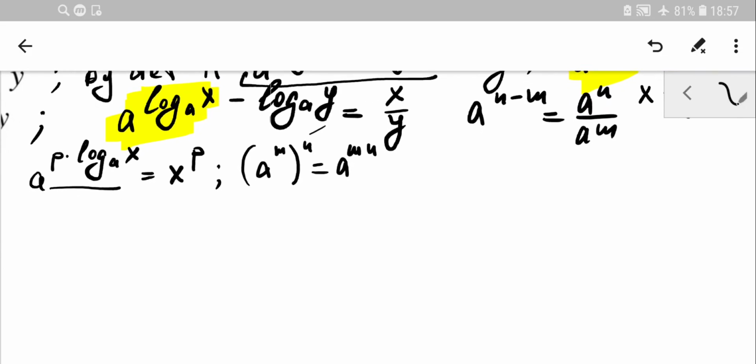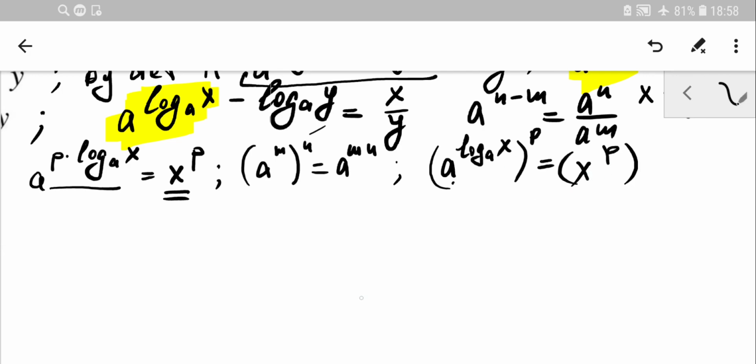So if we use that property, we can figure out that a to the power log ax and to the power of p will be, on the right hand side, we need to prove that this is x to the power of p. Okay, so let's simplify a to the log ax. We use the previous property, simply x, and it's going to be x to the power of p.